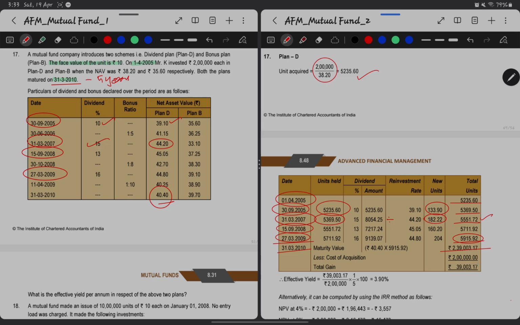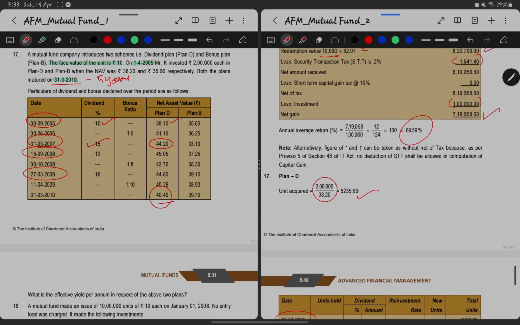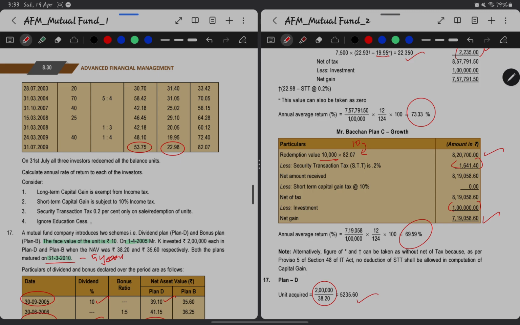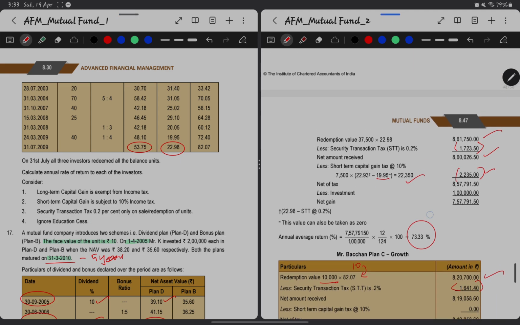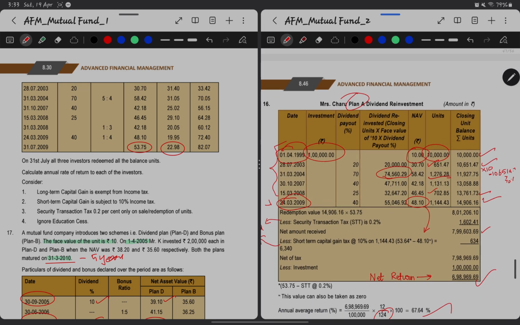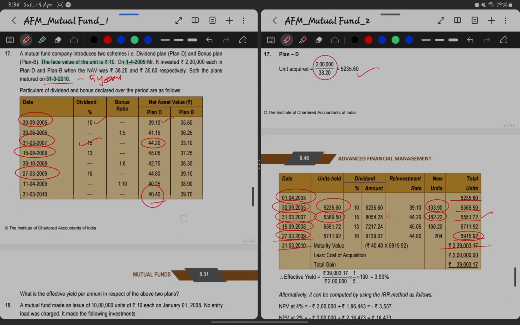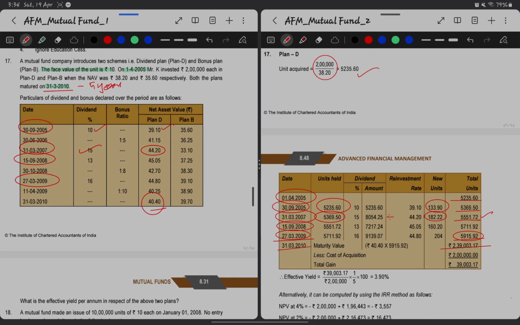Now in this we will be reducing the cost of acquisition. In the previous problem, as the assumptions were given for tax and then short term tax and then the STT, from the redemption value these are reduced and then the net of tax is found out. In the current problem, there is no tax or any assumptions given, hence whatever redemption value we got minus the cost of investment will give us the total gain or the total return earned from the mutual fund.